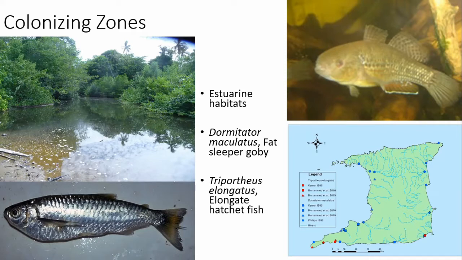They can move back and forth, but also a lot of catadromous species that interact with the marine habitats to lay eggs, but then the juveniles migrate back upstream. So along this colonizing zone, we have a lot of estuarine habitats, as well as, as you're guessing, coastal habitat.